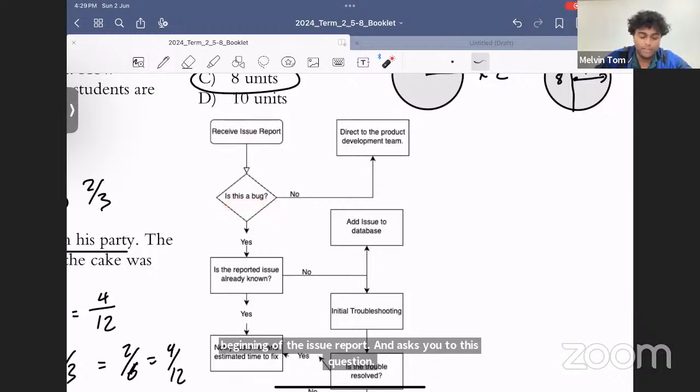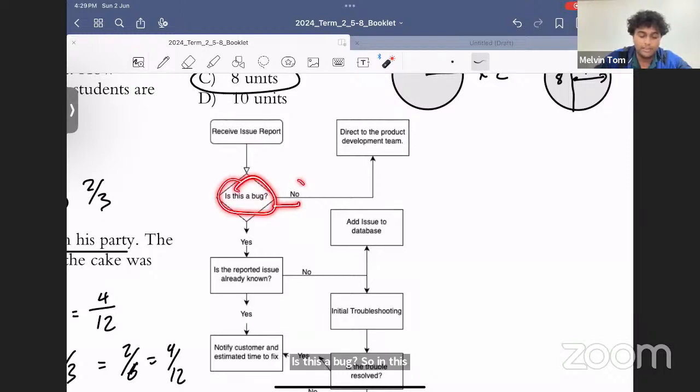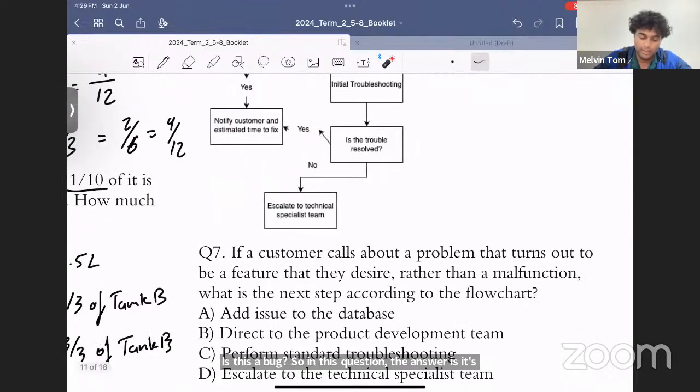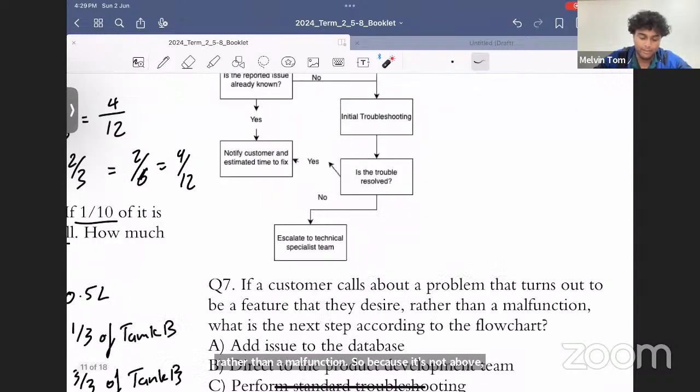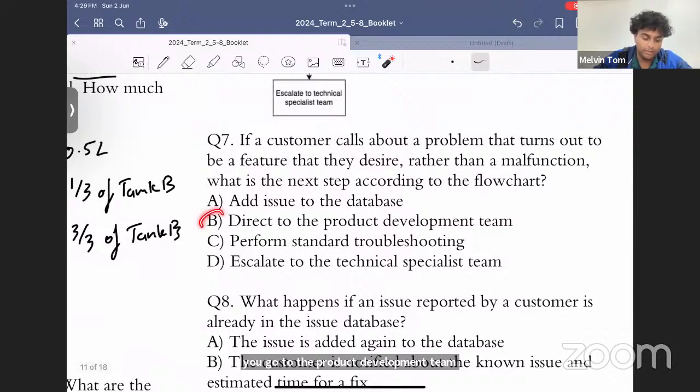In this question, the answer is it's not a bug because it's a feature that they desire. So because it's not a bug, you go to the product development team. So the answer is B. Do you guys understand?